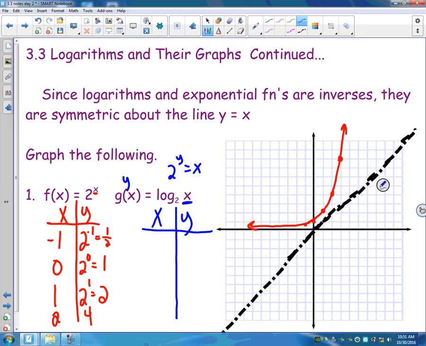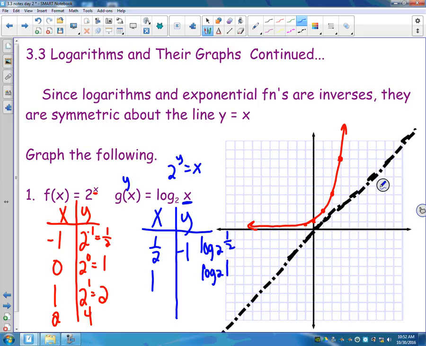So we could pick 1/2, and if I wrote this out, log base 2 of 1/2 is saying what exponent gives me 1/2. 2 to the what equals 1/2, and the answer is -1. I could pick 1, and again, think about what this says.